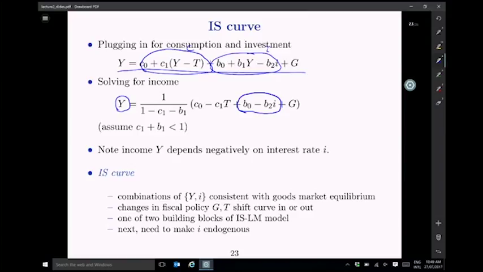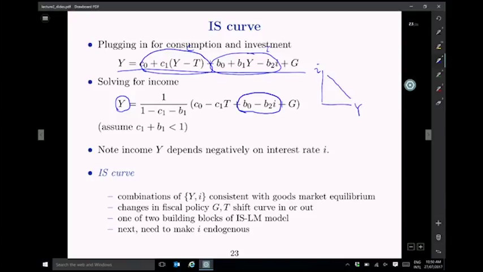The IS curve, the first building block of the IS-LM model, describes equilibrium in the goods market. That gives us all the combinations of interest rate and output that are consistent with equilibrium in the goods market. In particular, the higher the interest rate, the lower the output. You can imagine that if we were to plot this IS curve in the space of interest rate and output, it will look something like that.